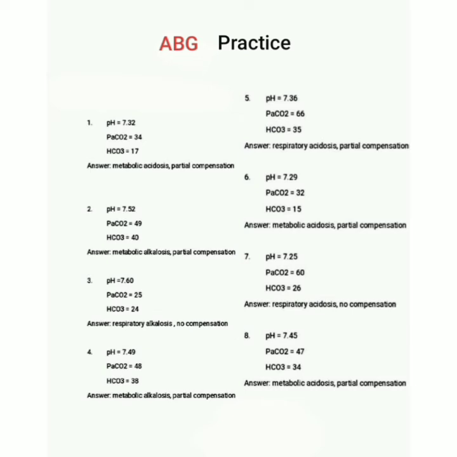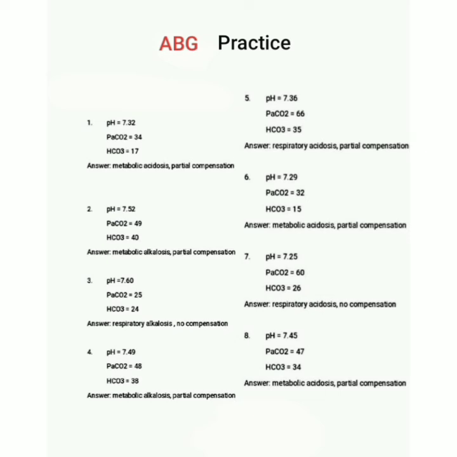Question number 5. We notice pH 7.36, that is a normal condition. We know 7.35 to 7.45 is the normal level. Partial pressure of carbon dioxide is 66, that is an increase, as 35 to 45 is the normal value. So pH and partial pressure of carbon dioxide are in opposite directions.